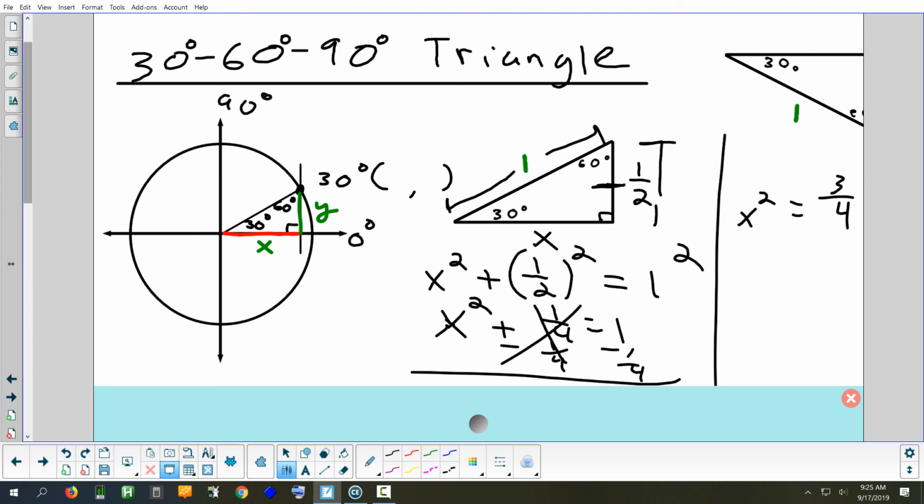And Pat, what's my last step? Well, is x by itself yet? No. What's there that tells you x isn't by itself? The square. So what's the opposite of square?